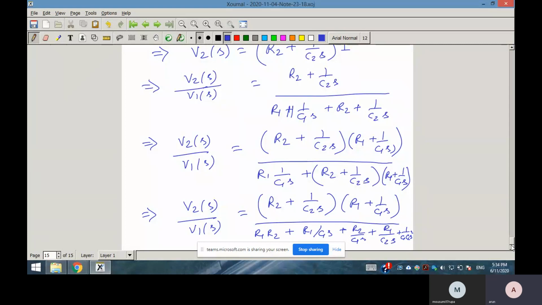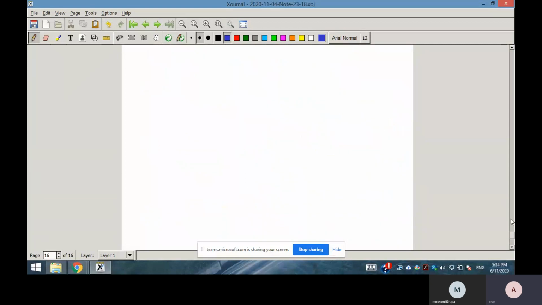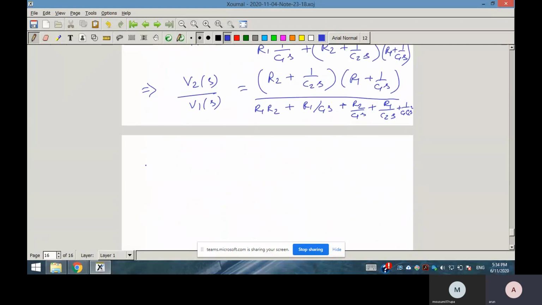So this can be further simplified to V2(s) by V1(s), like that. Please check it.